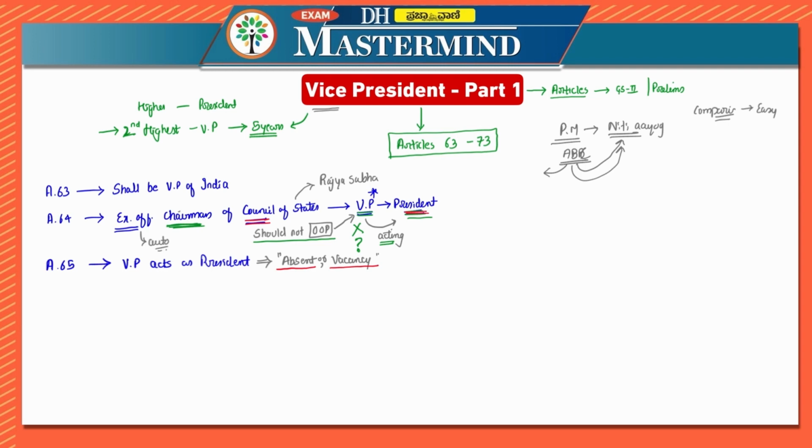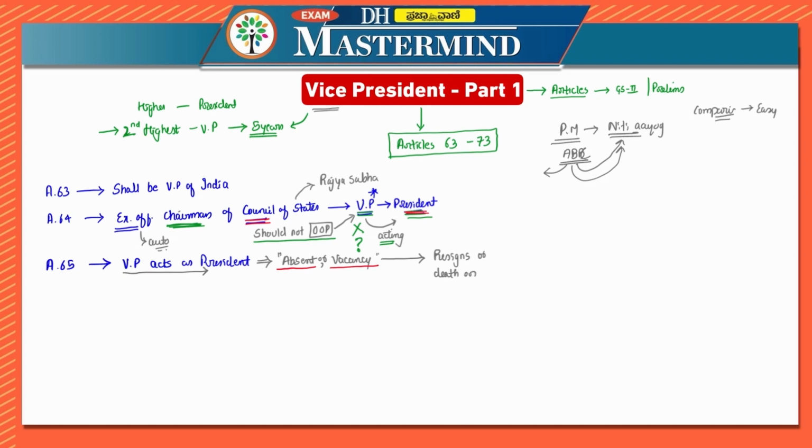Now what is this vacancy? How can a vacancy occur? That we have to know. For example, if the sitting president resigns, then the office of president becomes vacant. At that point of time, the vice president acts as president. Or if there is the death of the sitting president, the vice president acts as president.